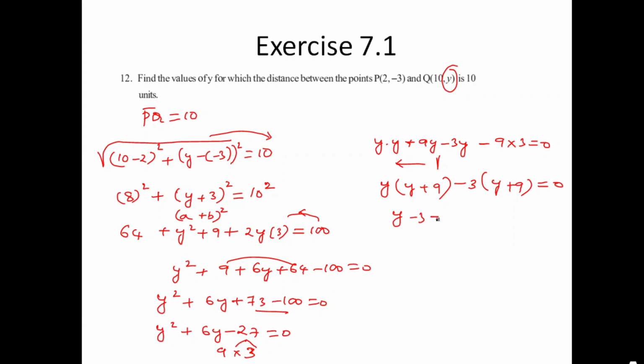So y minus 3 equal to 0, or y plus 9 equal to 0. So y equals 3 or y equals minus 9 is your required answer. So let's look at the next sum.